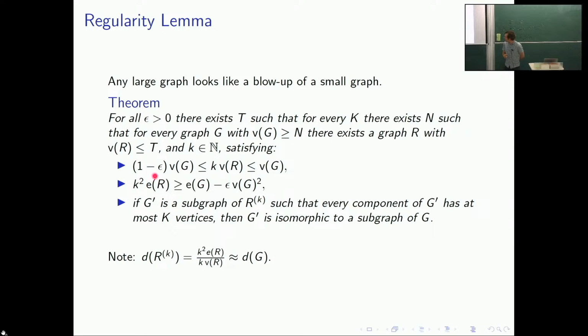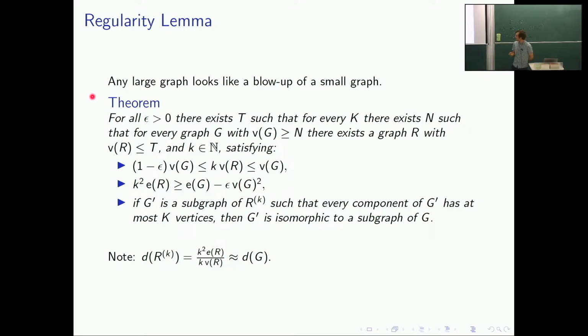So what does that mean? Firstly, k times the number of vertices of R should be approximately equal to the number of vertices of G, so bounded above by the number of vertices and bounded below by something close to the number of vertices. And then we get this expression here that k squared times the number of edges of R should be at least something close to the number of vertices of G, minus a small amount.